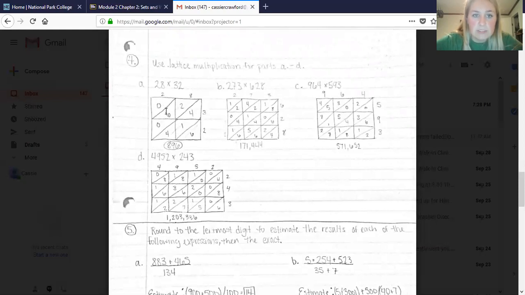Put 0, 6, and then 3 times 8 is 24. So you put the 2 here, the 4 here. 2 times 2 down here is 4. So you put your 0 there, 4 there. And then 8 times 2 is 16.